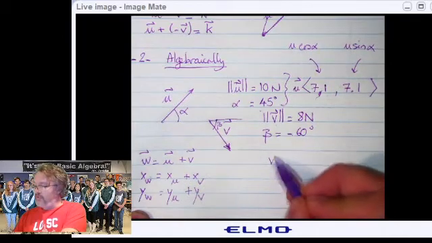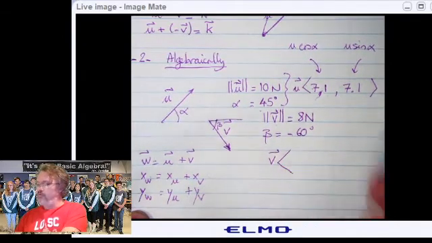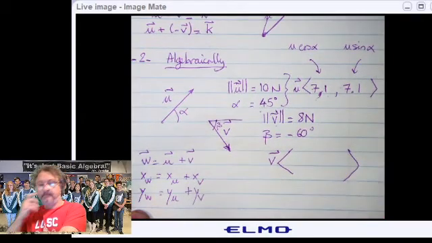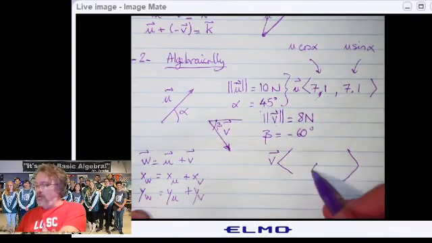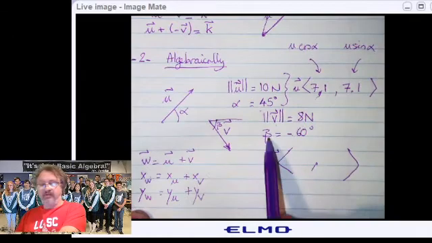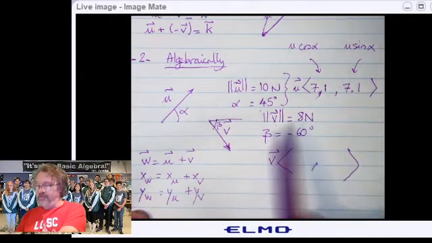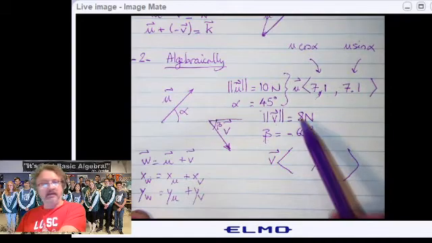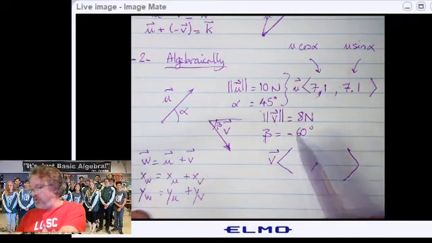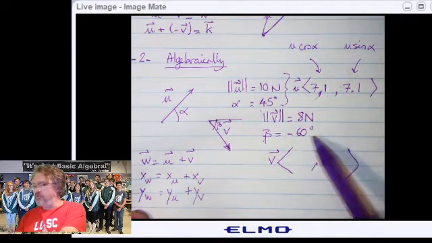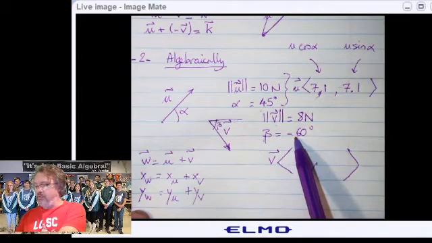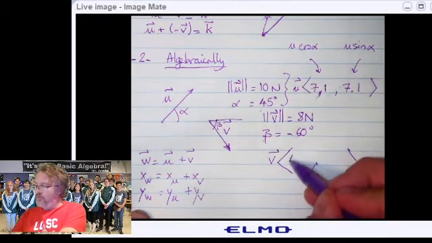The vector v is going to be 8 times cosine beta, and 8 times sine beta. Again, you can use a calculator if you want, but 8 times cosine 60 is going to be equal to 4.